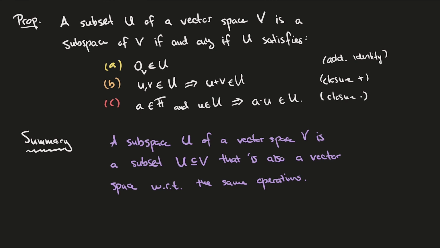Next, we saw that we don't need to check all of the properties of a vector space. It's sufficient to check just 3. So we have to check that the additive identity is an element of U, that U is closed under addition, and that U is closed under scalar multiplication. And in this case, a subset U of V is automatically a subspace.